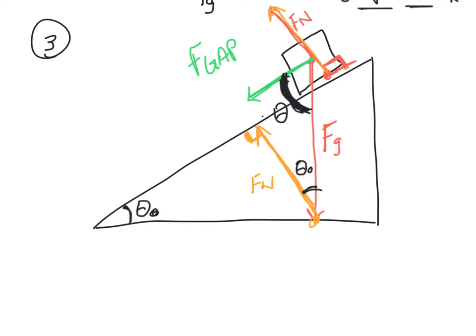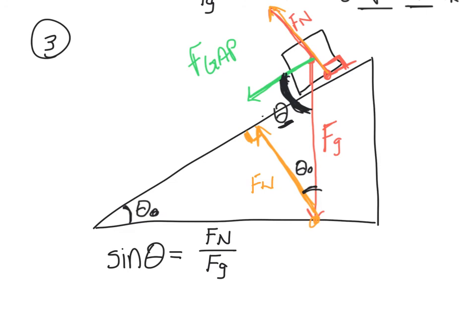For example, using angle theta, not theta naught, but theta, we can say that sine theta is equal to force normal over force gravity, and solve for a normal force.